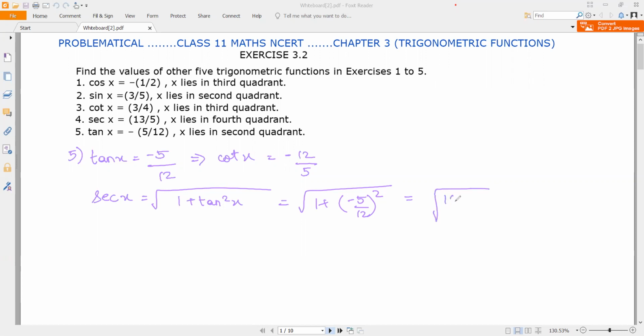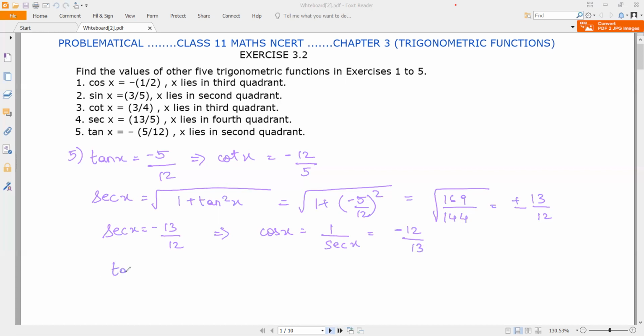So root of 169 upon 144. This is plus minus 13 upon 12. Sec x has to be negative in the second quadrant. So your sec x value will be minus 13 upon 12. With this, we know that cos x is equal to 1 upon sec x, which will give you minus 12 upon 13.